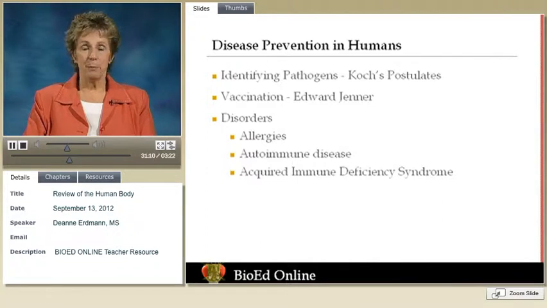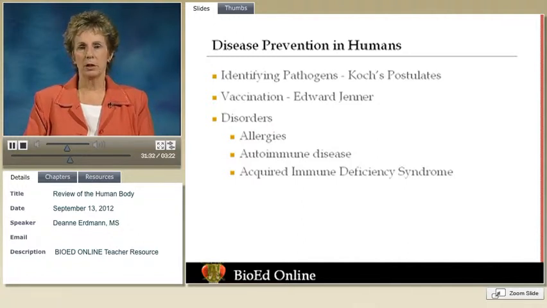When we look at disease prevention in humans, one of the first things that comes to my mind is how we identify pathogens. And of course, Koch's postulates, Robert Koch and Louis Pasteur identified that viruses and bacteria were pathogens, that they were causing disease.